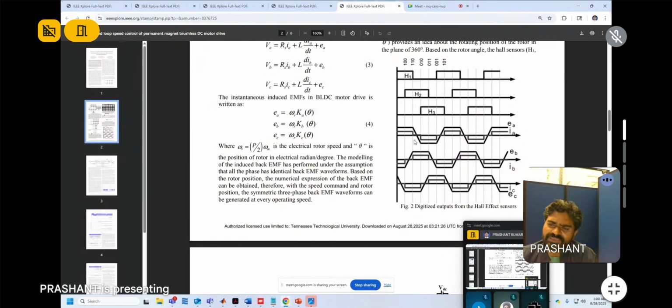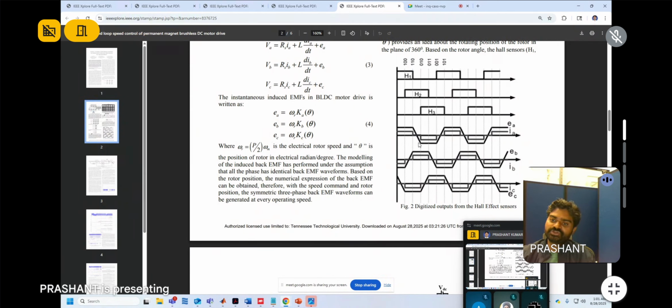This is the fringing effect of the magnets. So I think this concept is clear: when it is facing completely the north pole or south pole, then the phase back EMF will be flat. The moment it is transiting from the north pole to the south pole or the south pole to the north pole, it changes.